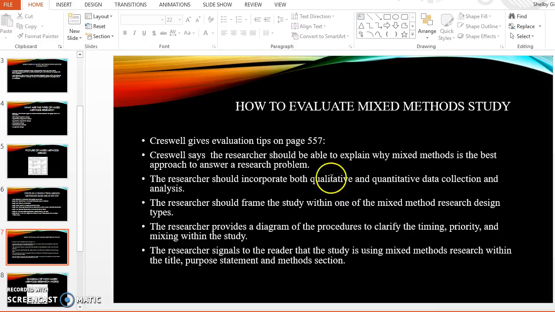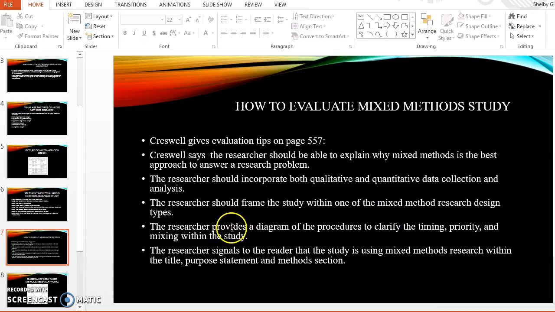It should be put in a way that the reader can clearly see what you're doing. The researcher should frame the study within one of the mixed methods research design types. Creswell wants the researcher to use one of the mixed method research design types he was talking about because he believes they provide the most clarity.